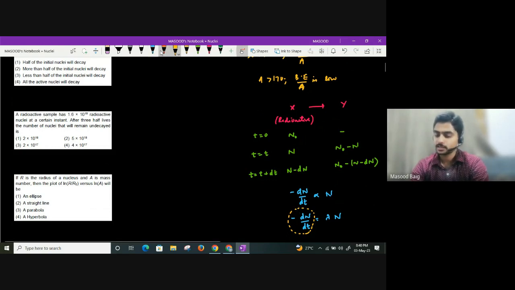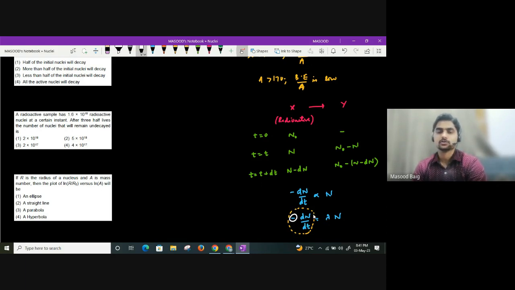The minus sign indicates that as time passes, the radioactive nuclei will go on disintegrating. This is also called activity, radioactivity, rate of radioactive disintegration, or rate of radioactive decay. It is given as lambda times N.